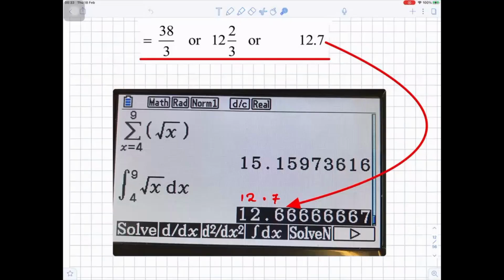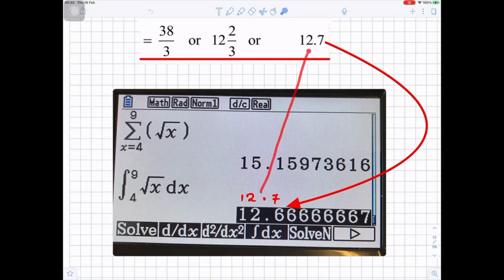And if you use the summing formula in your graphics calculator, from 4 up to 9, square root of x, you get 15.15973. But when you use the integral from 4 to 9 of square root of x dx, you get 12.7.